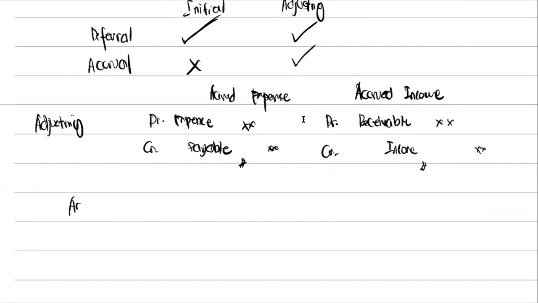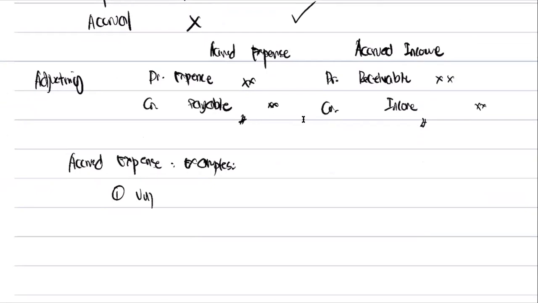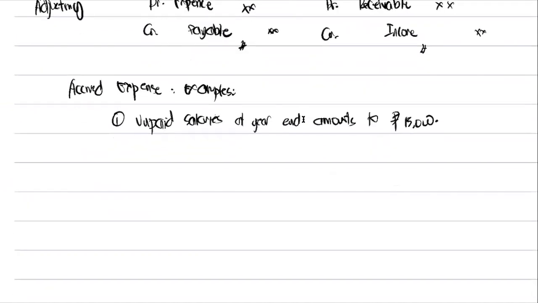So let's start with accrued expense and let's have some examples. Number one, unpaid salaries at year end amounts to 15,000. Okay, so this is an accrued expense. So if that is an accrued expense, you just debit the expense and you credit a payable.